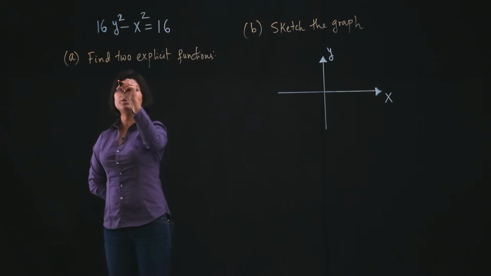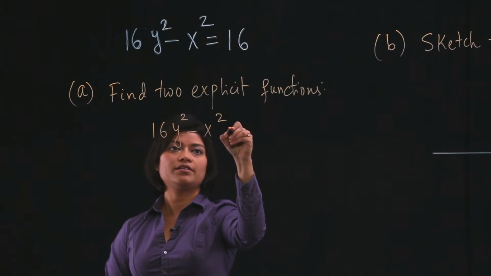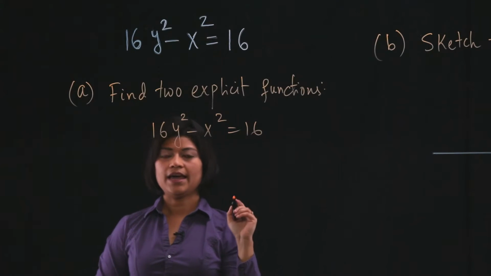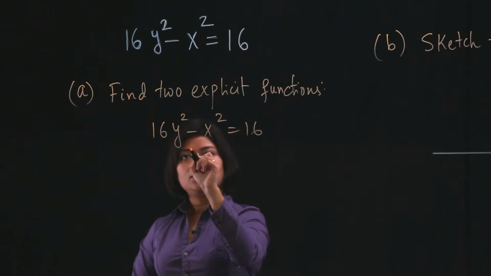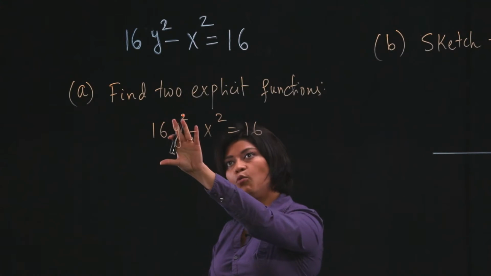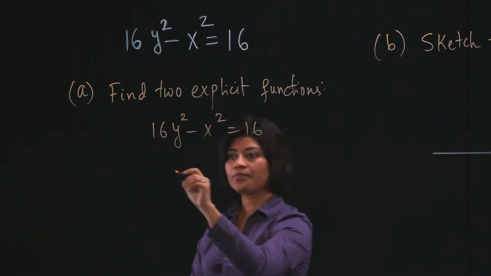Take our equation 16y² − x² = 16, and our goal is to solve for y. Keep the y term on the left-hand side and take everything else on the right.